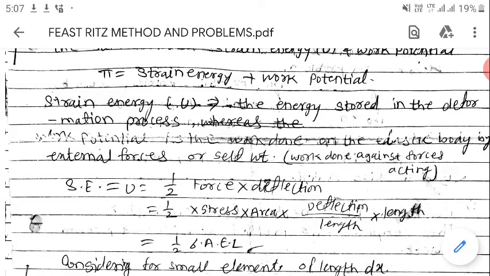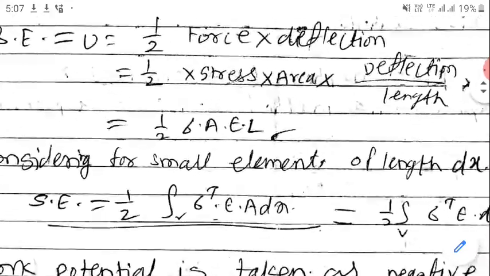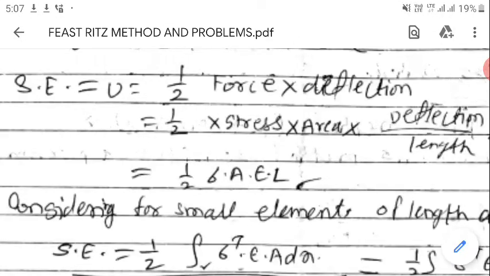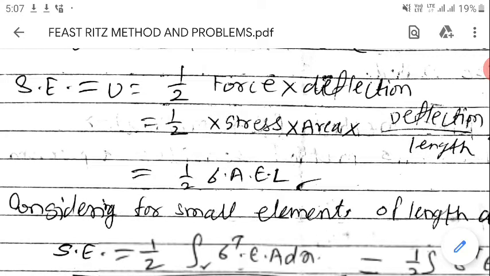So we have a simplified equation for strain energy, that is half of sigma A E into L, where sigma is stress, A is area, E is modulus of elasticity and L is the total length.